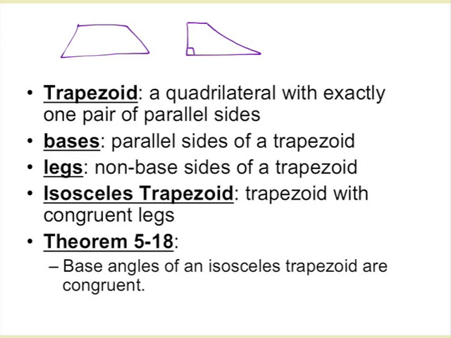They can be on their side, so the parallel sides could be the left and right instead of the top and the bottom. But the key is that in any of these we should have one set of sides that is parallel and one set of sides that is not. The parallel sides are called the bases, and the non-parallel sides are called the legs.